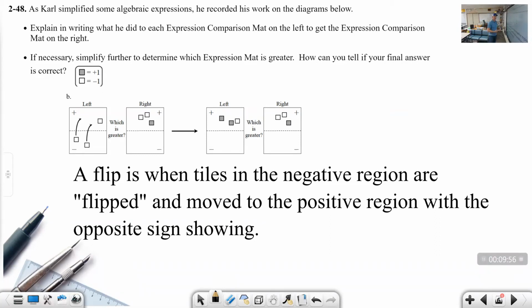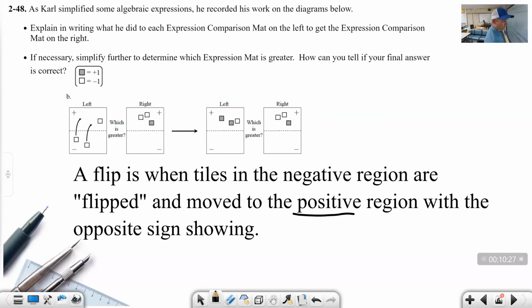A flip is when tiles in the negative region are flipped to the top region, the positive, with the opposite sign showing. Notice that these two negatives became these two positives. They are the opposite color in the opposite region. You flip the region, you flip the color. Pause and write.